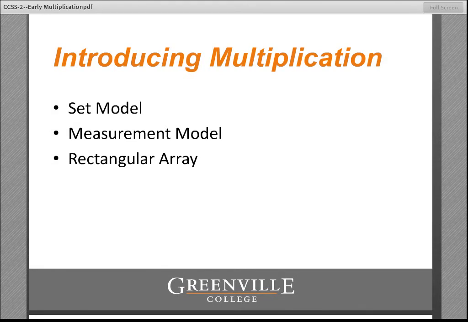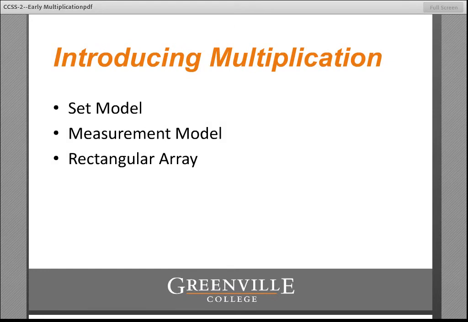So instead of just using one representation, the children who were exposed to more than one way to represent something and who could easily talk about how these representations were similar and different and how they illustrated similar relationships, those students had deeper understanding. So we're going to take a quick look at the most commonly used representations for multiplication, exploring some of the advantages and disadvantages.